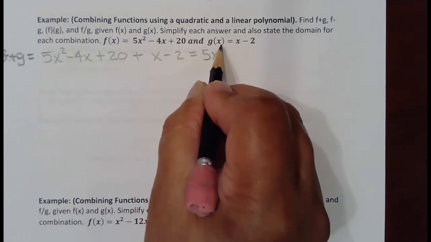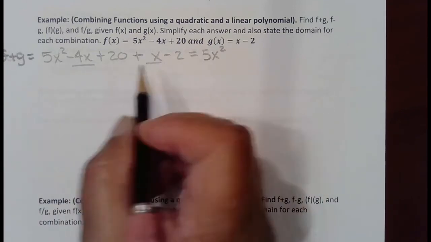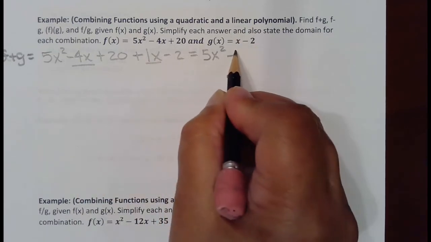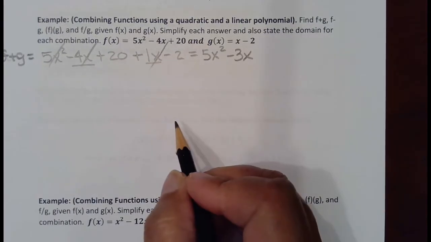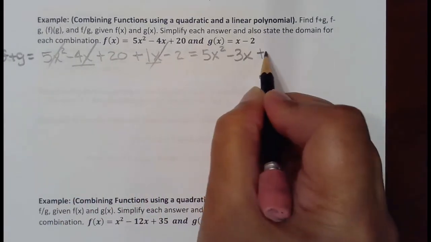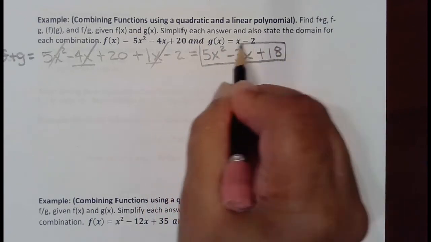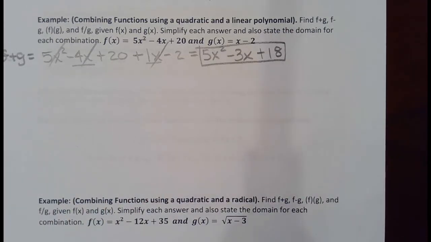Then as far as the 18, but the answer, this combination of a sum of the two polynomials, is a polynomial itself. And for a polynomial, what you're allowed to plug in for x can be any number from negative infinity to infinity. It requires no protection because it's not a fraction and it's not a radical with an even index.